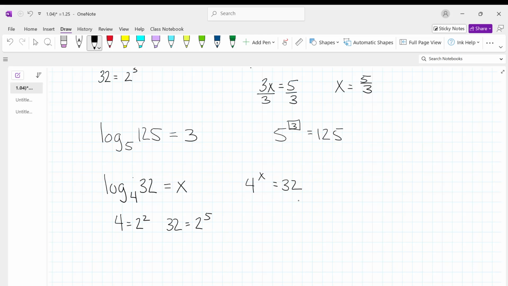So when we rewrite this in exponent form, we got 2 to the 2x power equals 2 to the fifth power. So you can cancel these bases because they're the same. This 2x is equal to 5, and then divide by 2. So we get an x equal to 5 over 2. So log 4 of 32 is equal to 5 over 2.